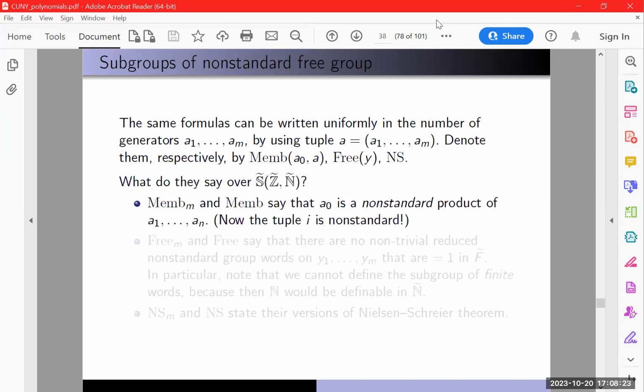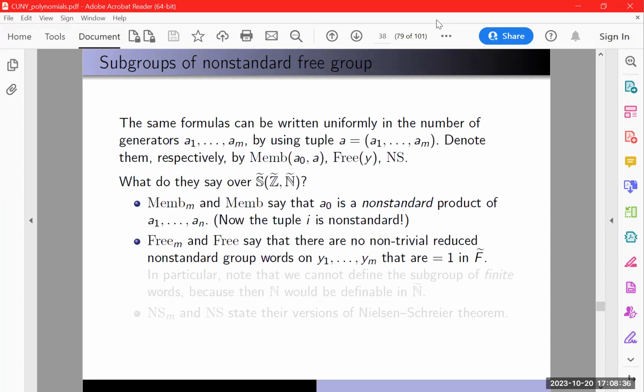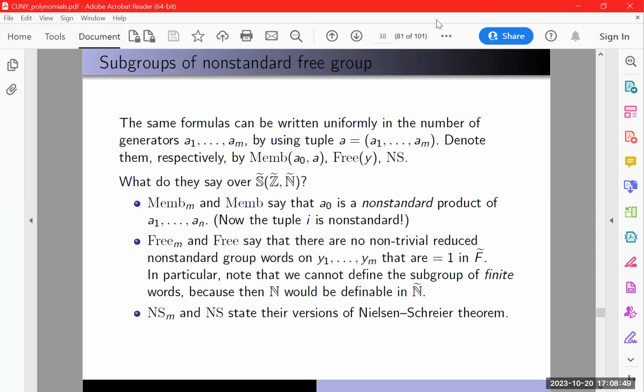But anyway, what do these formulas say over the non-standard superstructure? Well, first of all, products now become non-standard. The freeness is now about not just finite words being non-trivial, but also non-standard words being non-trivial. And this last big formula records this theorem that says that if you have any non-standard tuple of elements of F tilde, then there is at most as long a tuple of free generators that will generate the same subgroup.